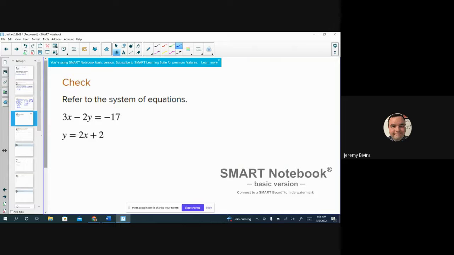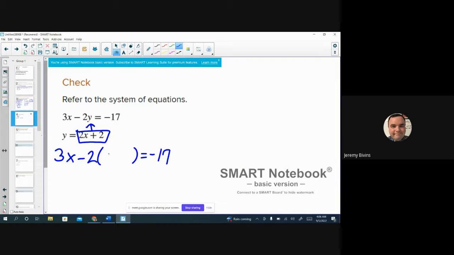All right, getting us started, we have y equals 2x plus 2. I'm going to take that and I'm going to place it right here for the y since it's y equals. So there I get my 3x unchanged minus 2, there's a parenthesis where the y was, equals -17.